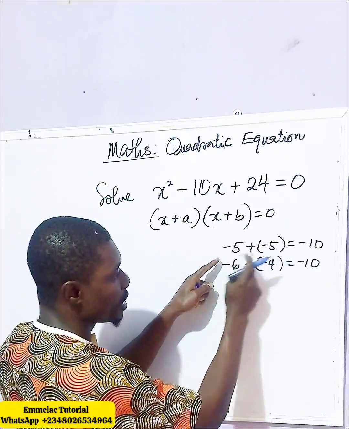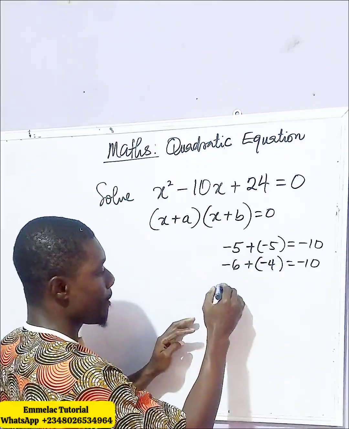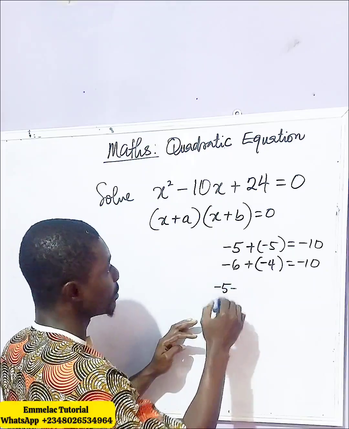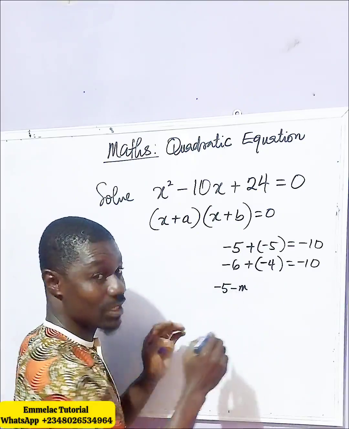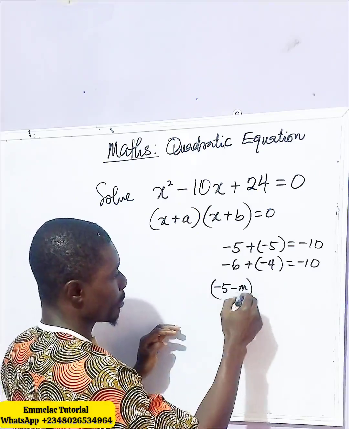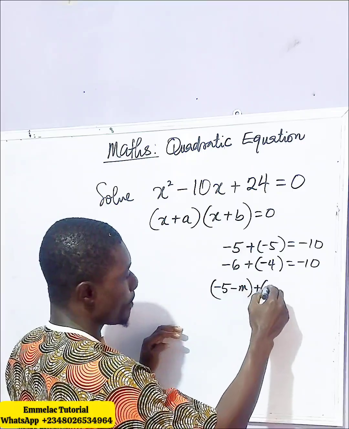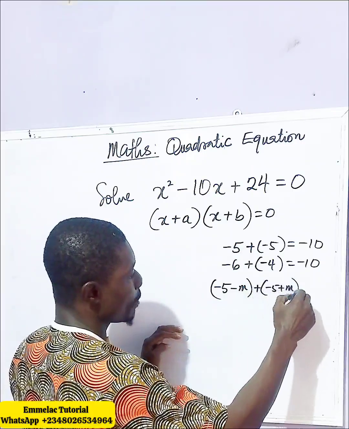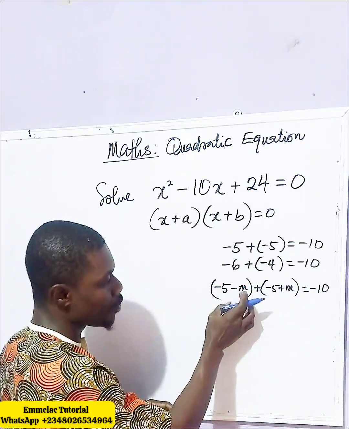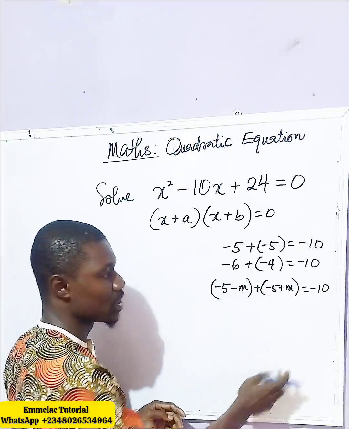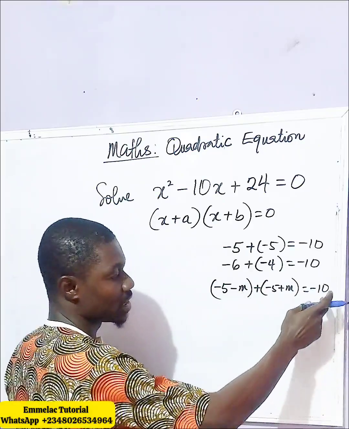Now, approach this way. Take from these two equal parts -5 minus m, which is the constant, now plus -5 plus m must give us -10. So no matter how you remove this constant, you always arrive at -10.